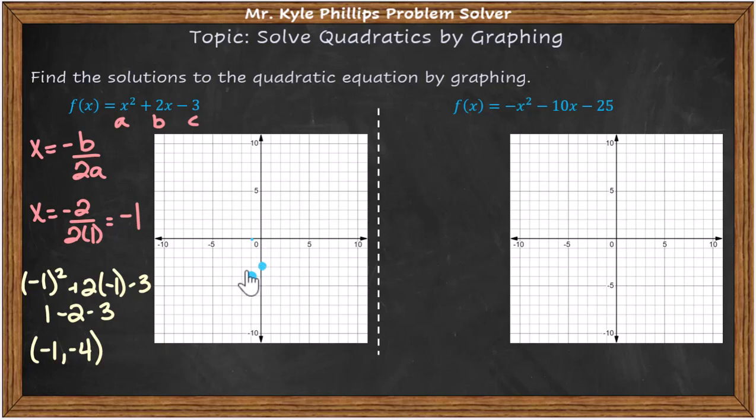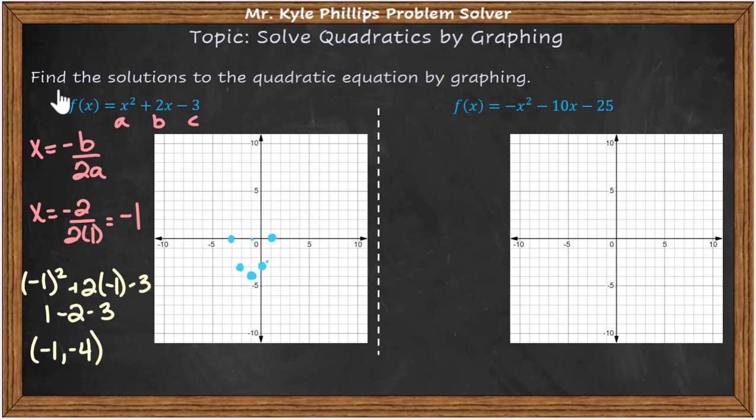Now, what's nice about a quadratic is whatever the y value is 1 to the right, that's the same y value if I go 1 to the left, because they're completely symmetrical. So now I can plug in positive 1. I have 1 plus 2, that's 3. 3 minus 3 is 0. If that's the y value 2 places to the right, that's going to be the y value 2 places to the left.